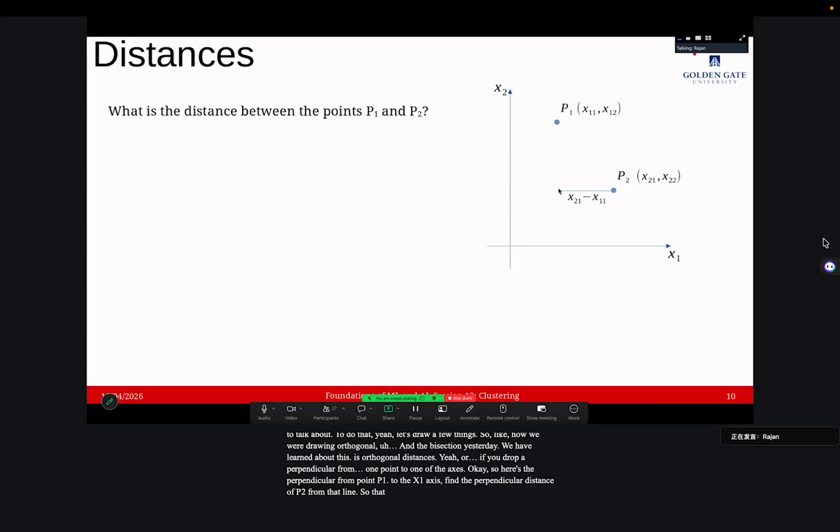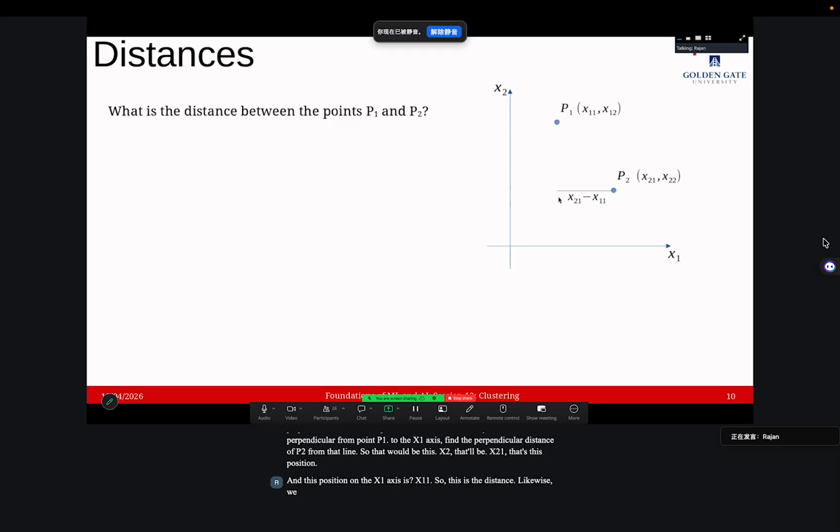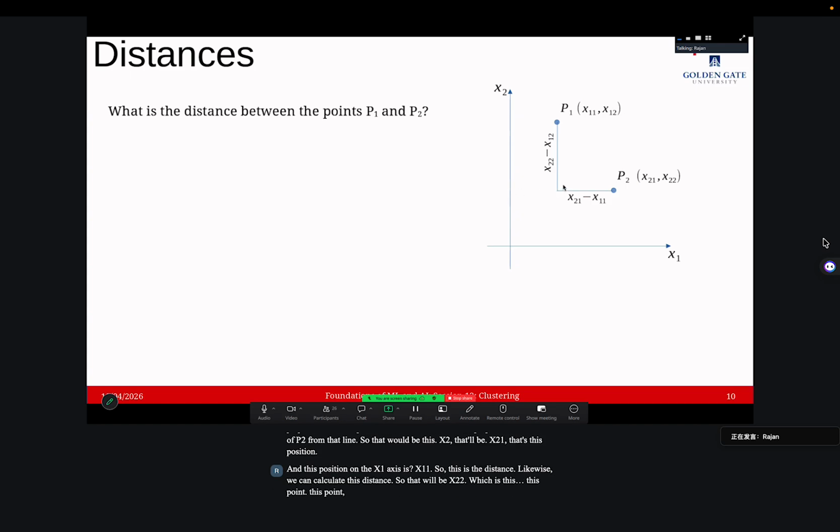That position is x21, and this position on the x1 axis is x11. So this is the distance. Likewise, we can calculate this distance. That will be x22, minus x12. So this distance is x22 minus x12.